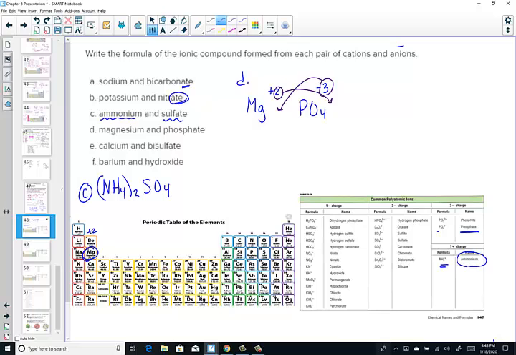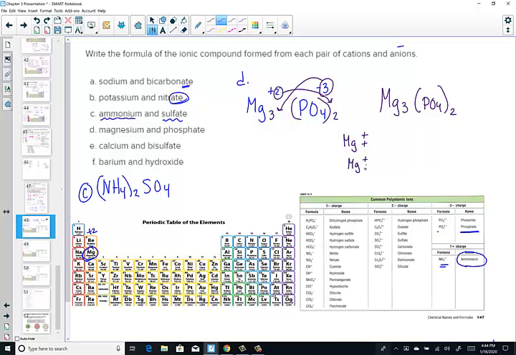When I want to take more than one magnesium, I simply place that 3 next to its symbol. But when I need to take more than one polyatomic ion, I place it inside a parenthesis and its subscript outside. We say Mg3(PO4) taken twice. Magnesium is a +2 charge.